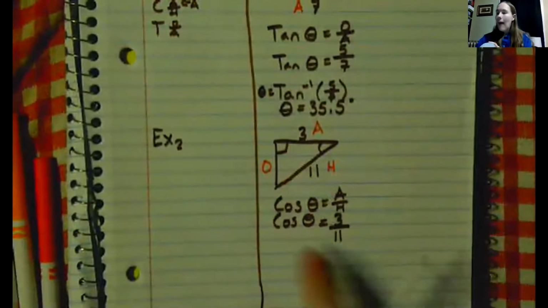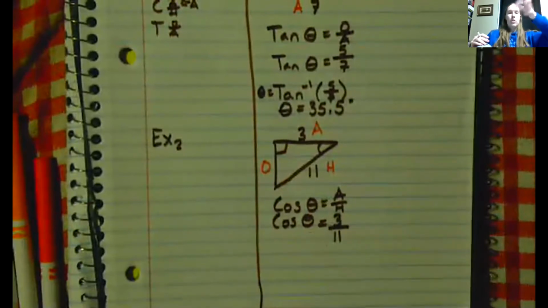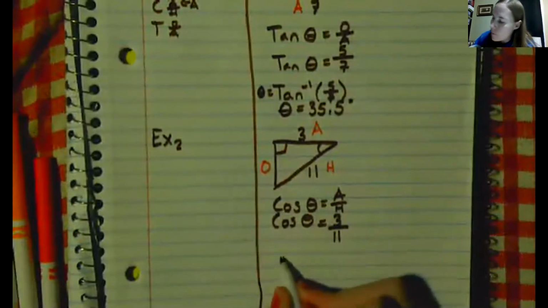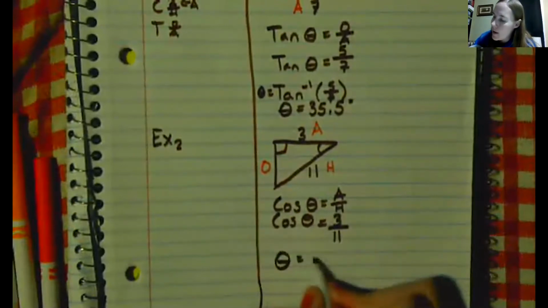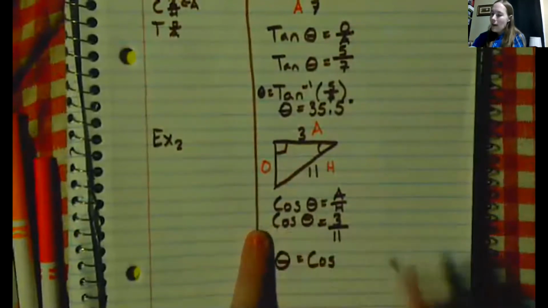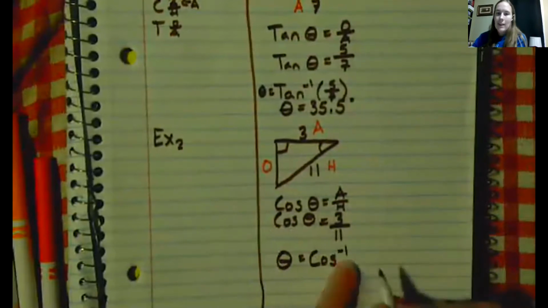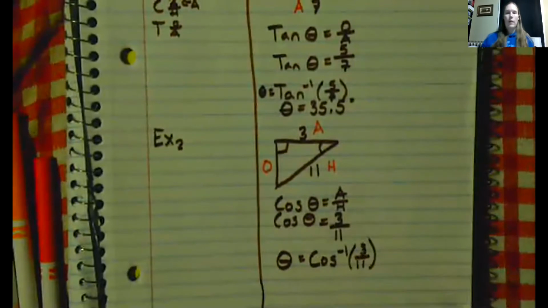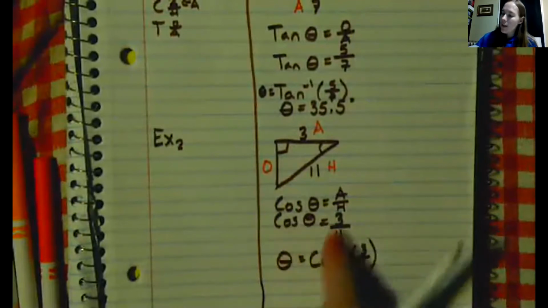Now, because we want to find the theta, we have to inverse. We have to undo it. To get rid of this, I took the inverse, so we had that little -1 of 3 over 11. The only thing you're really changing is moving this to the other side.